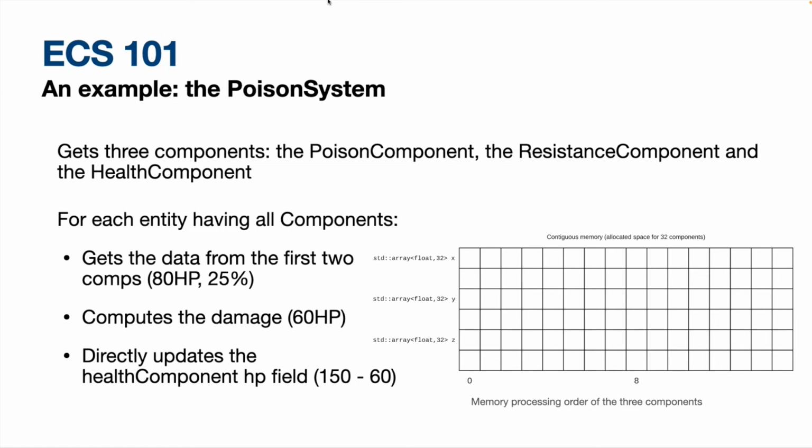And if you look at how the CPU processes this, on the right, let's say that on the rows you have your component array, and on the columns you have your entity ID.